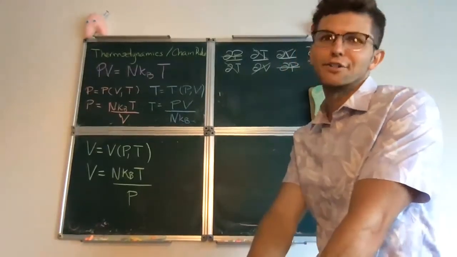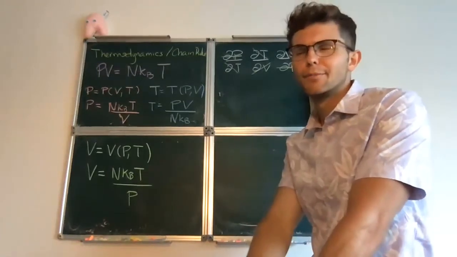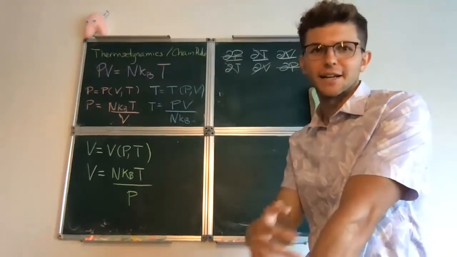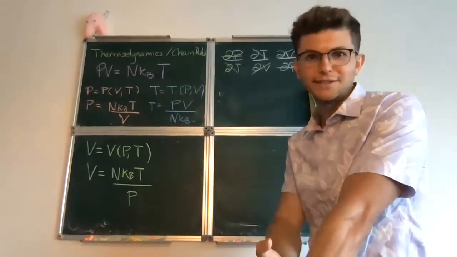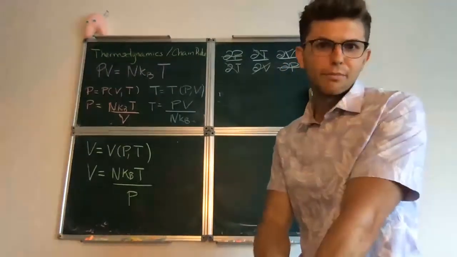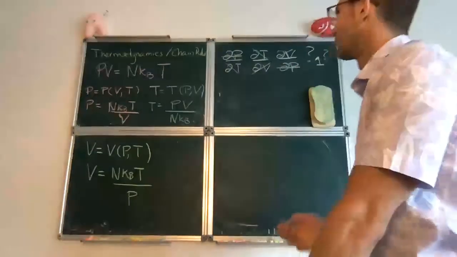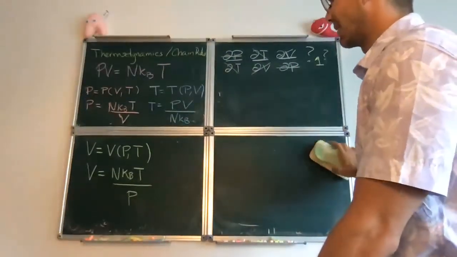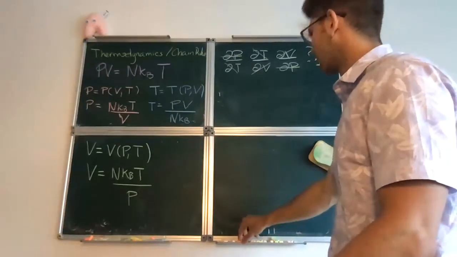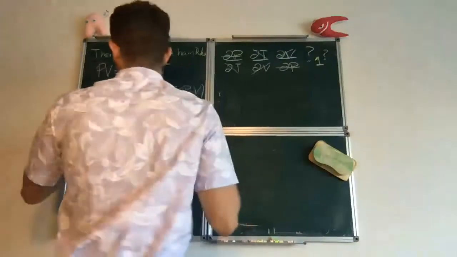The notation should be useful in the sense that it can allow you to get away with things even without knowing what's going on, but it cannot make miracles. So at some point you need to know what's going on. So, for example, what is the partial derivative of pressure with respect to temperature?